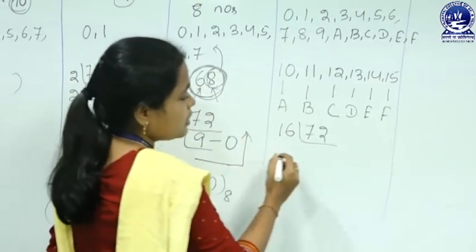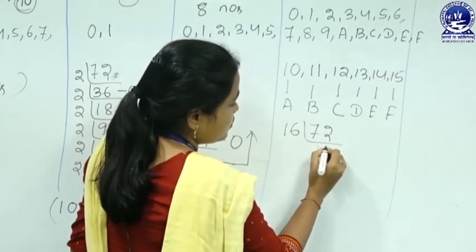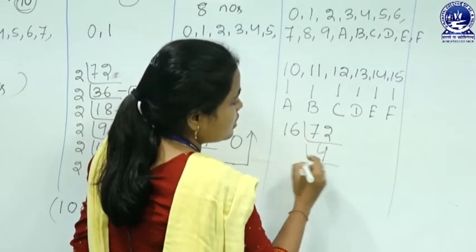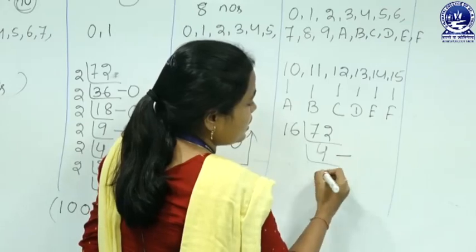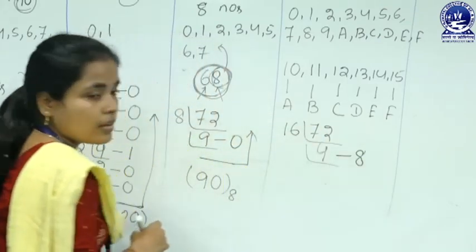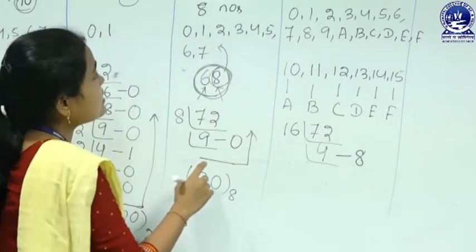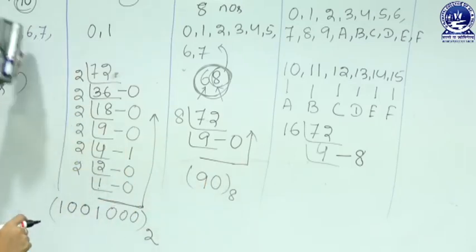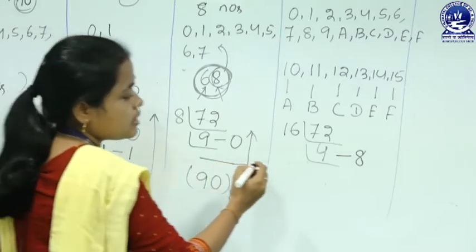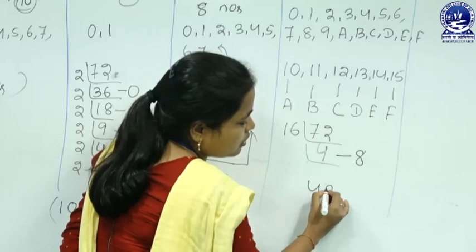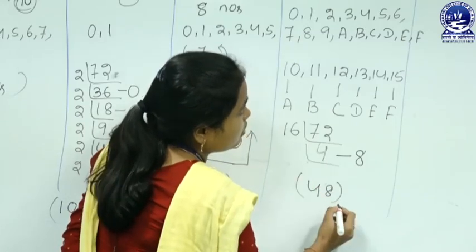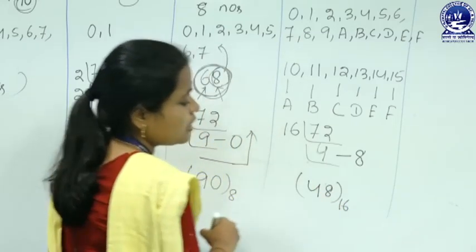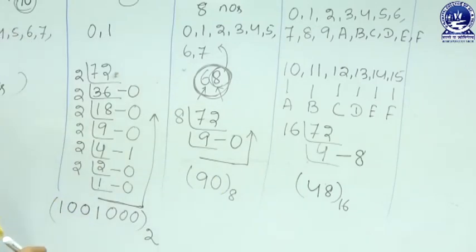So, what will it be? 4 sixteens are 64 and the remaining is 8. So, what will be the hexadecimal value for this decimal value? It is 4, 8 and the radix is 16. Okay.